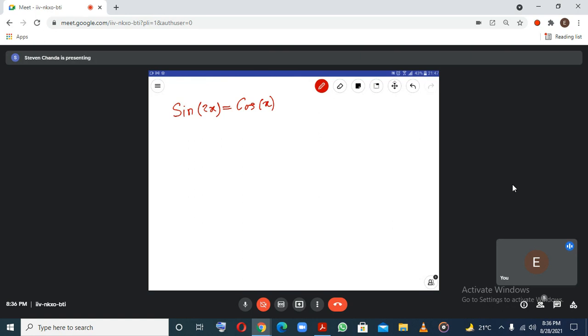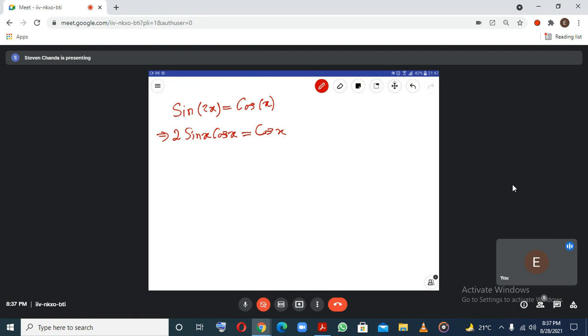So here, what identity are you going to use? Okay, you're going to use the double angle, isn't it? Now the temptation that most people have here is to divide both sides by cos.